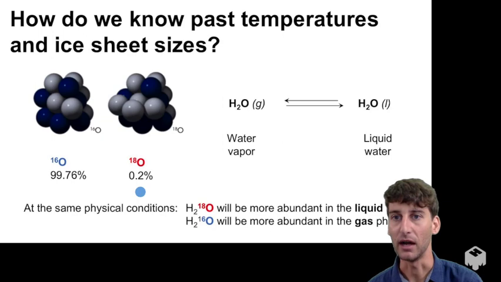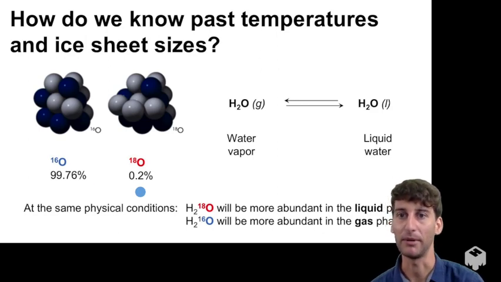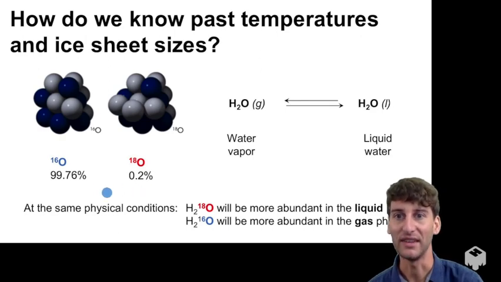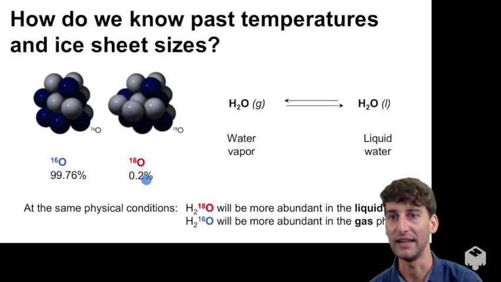And this is true for boiling water. This is also true for evaporation. So if you just have a glass of water on your desk, you come back over time, it'll lose volume because you have evaporation of water into the atmosphere. In the ocean, this happens, and this is how clouds are made. And what happens is that cloud water is actually enriched in 16O. It's depleted in 18 oxygen. So it has a negative delta 18O.